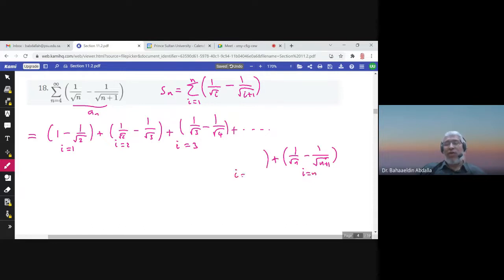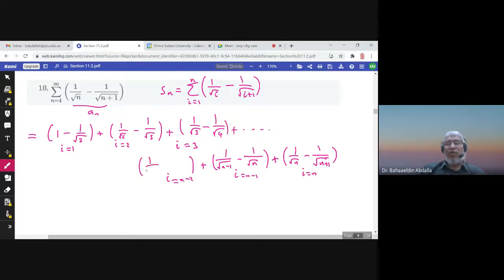When i equals n minus 1, n minus 1 plus 1 is square root of n. And here I have square root of i, which is n minus 1. The last term I'm going to write when i is n minus 2.